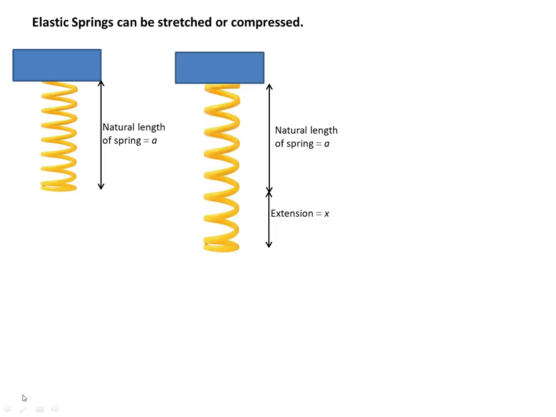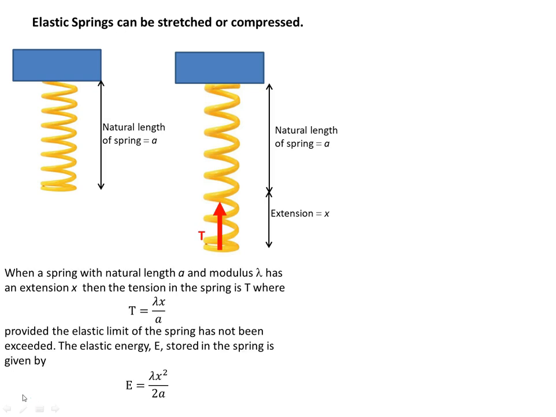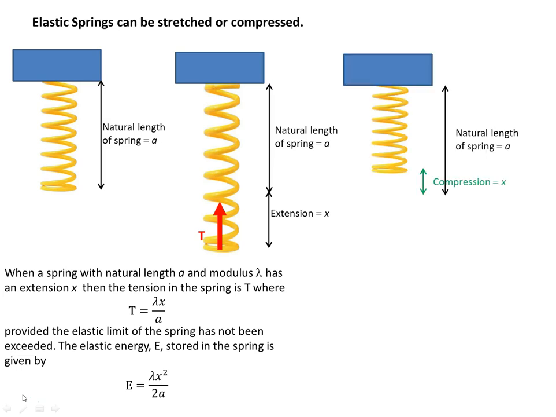On the other hand, elastic springs can be stretched or compressed. The results for the extension of an elastic spring are exactly the same as the results for the extension of an elastic string. If we compress the spring from its natural length, then there will be a thrust in the spring, trying to get the spring back to its natural length, which also obeys Hooke's law.